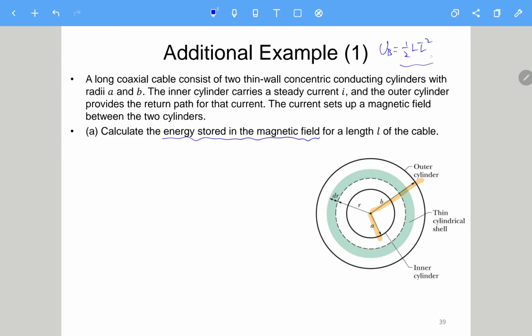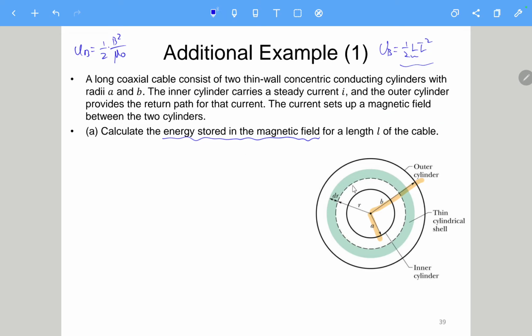But actually, we don't know the value. We don't know what L is yet. So here we should try to find u_B. Small u_B is 1/2 B squared over mu 0, and we can clearly know that B is not uniform. So let's try to find this one and then try to do some integration.